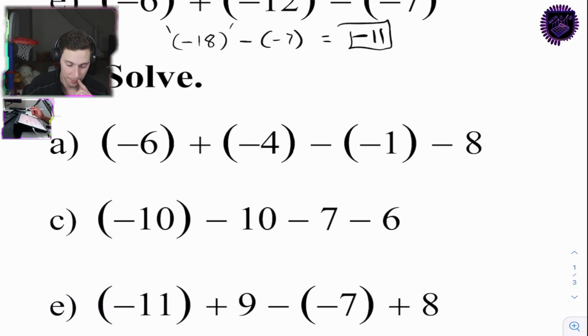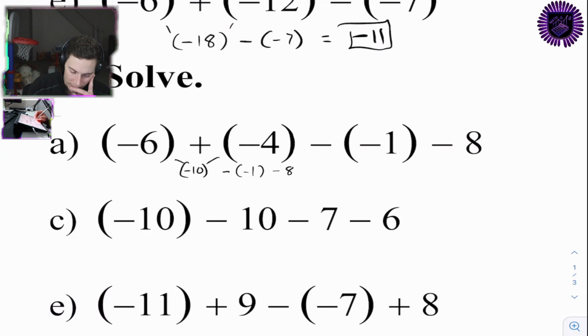So 6a. We're going to add those, subtract that, and then subtract that. All right, let's do it this way. Here and here is going to be negative 10. And let's drop down our minus negative 1 and our minus 8.